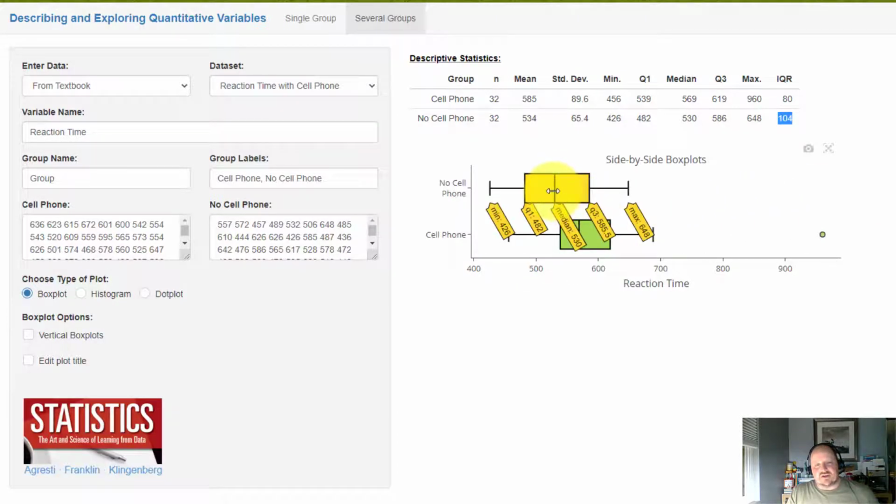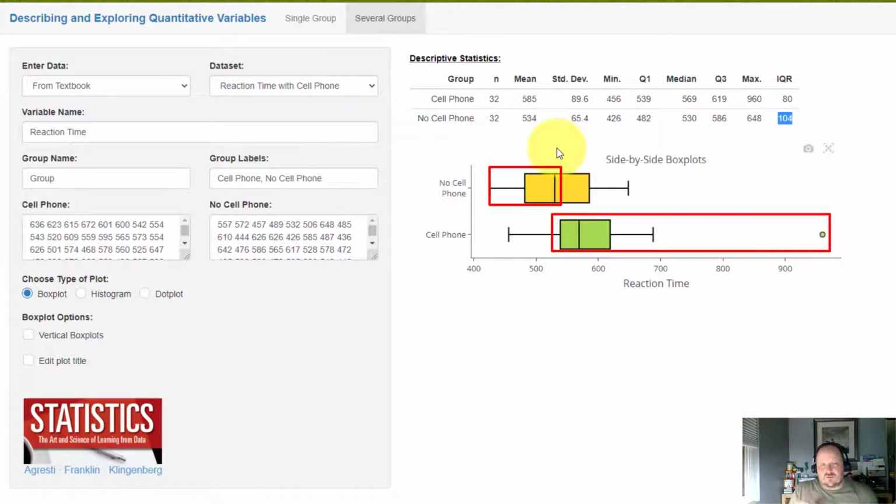So in this set of data, I can tell that the median in the yellow top one is actually lower than the Q1 for the green, the cell phone data. That means 50% of the people who don't use their cell phone are actually having lower reaction times than 75% of those who are on their cell phones.